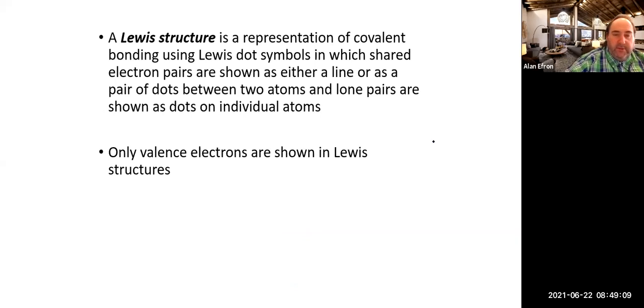So a Lewis structure really is a representation of bonding and, again, sharing of electrons happening in covalent bonding when we have two nonmetals come together.